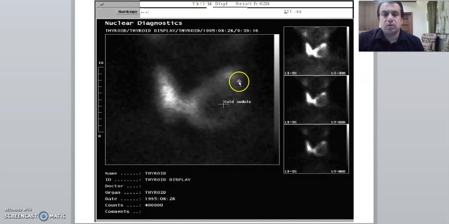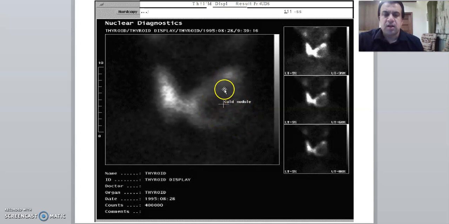A cold nodule is the one in which the rest of the thyroid is taking normal radioactive substance like technetium or radioiodine, and this nodule is not taking any of the radioactive substance, so it is hypofunctioning.